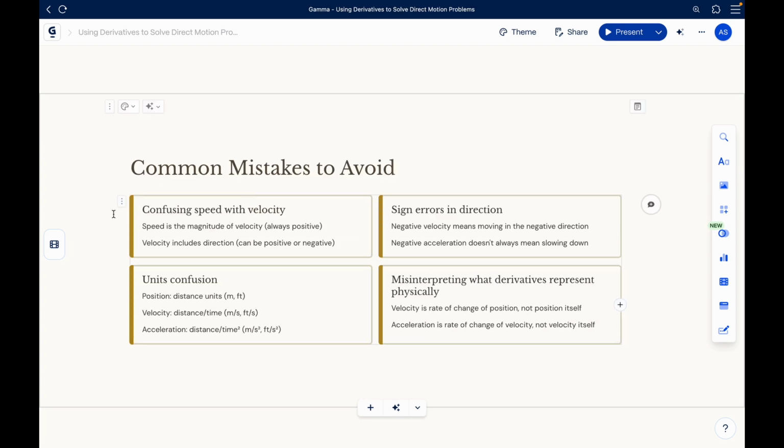A few common mistakes to avoid are confusing speed with velocity. Speed is the magnitude of velocity, so it's always positive. Other mistakes are sign errors in directions, unit confusion, and misinterpreting what derivatives actually mean.